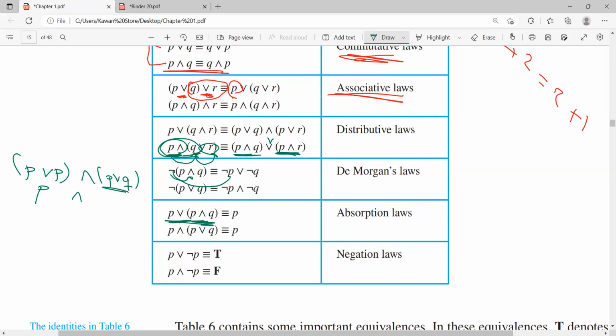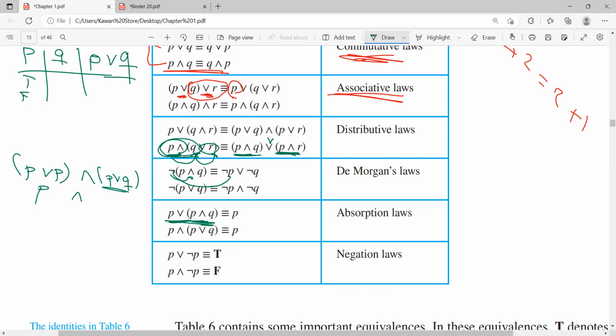Yes. P or P is P. So P or Q, Q and P. So you can see we'll get P also. Or you can see we will get Q, right? Because we will get true and false, false and true. Right? Look at it. No, it's not like that, sorry. P, Q, P or Q. Look at here.